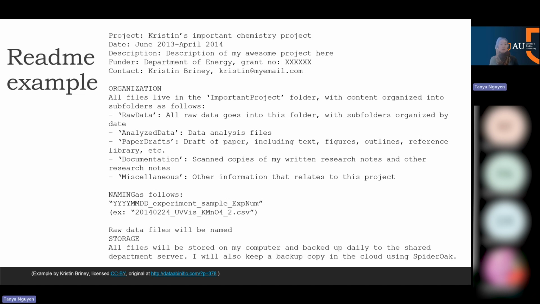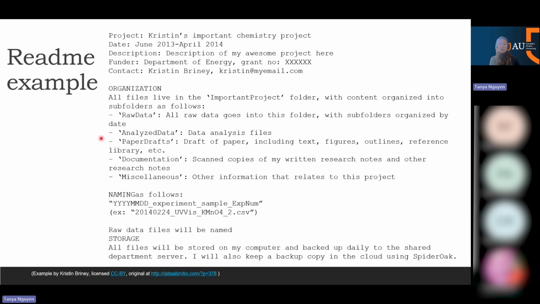So this example came from Kristen Briney. She's at a university in the States, and she put together this README file. So this is a chemistry project, and it shows the dates that the project is running. And she put the name of the organization, and she has the important project top level folders listed here.